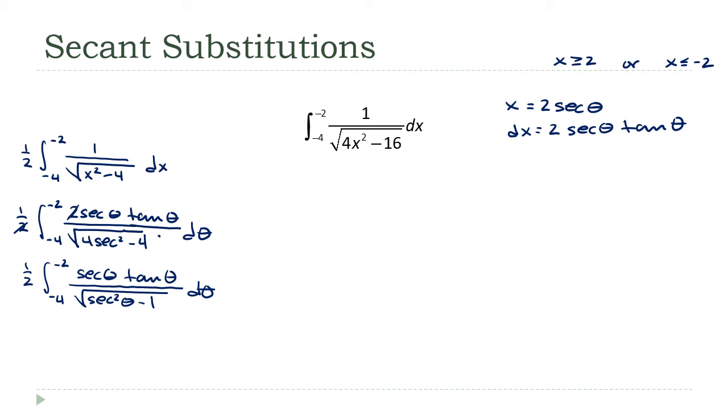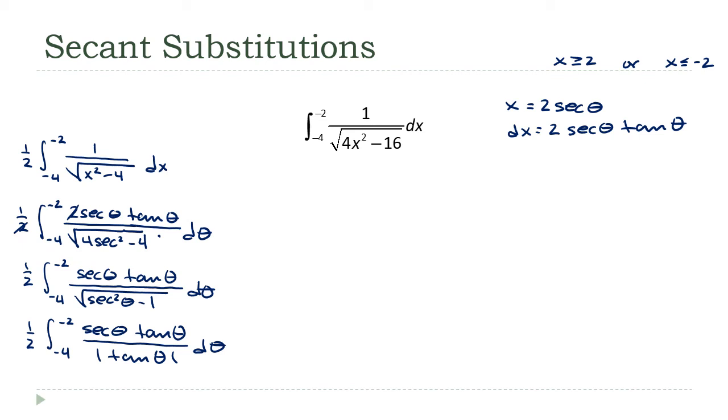Secant squared theta minus 1, that's tangent squared theta, right? So this is 1/2 the integral from -4 to -2 of secant theta tangent theta over the absolute value of tangent theta d theta.